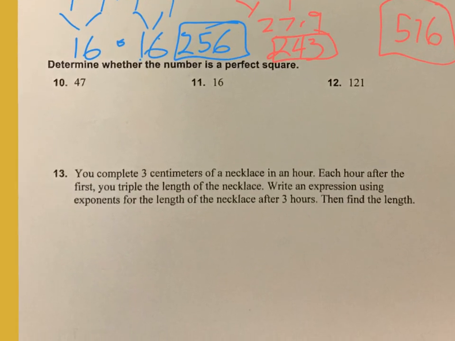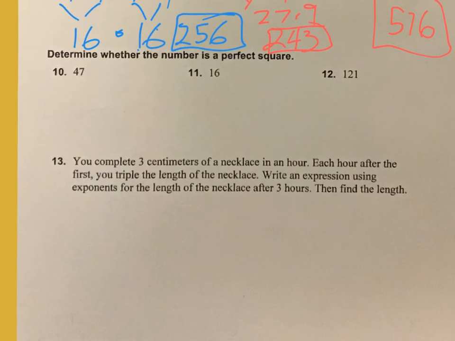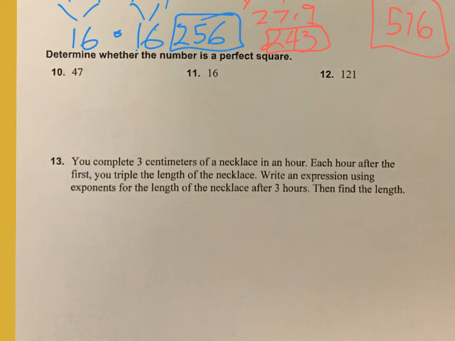So let's take a look at number 10 through 12. It says, determine whether the number is a perfect square. Okay, so what I'm trying to decide here is if a number times itself will equal one of these. Okay, is there any number times itself that equals 47? Well, let's see.